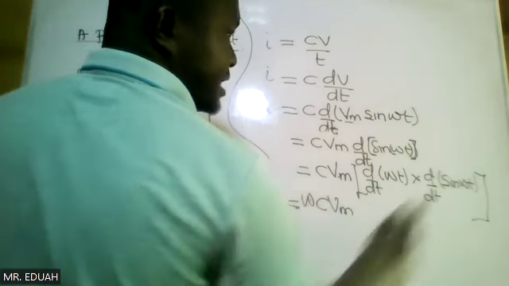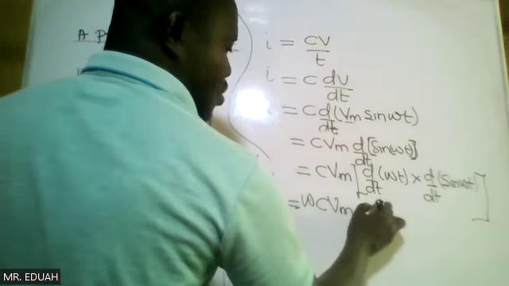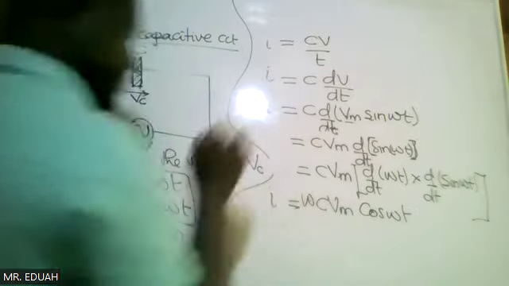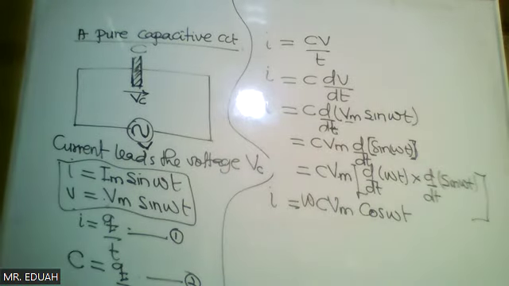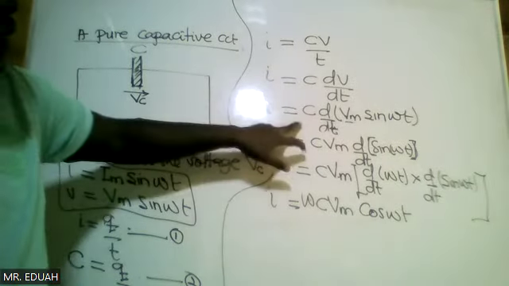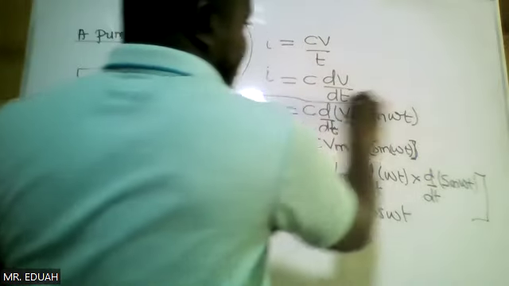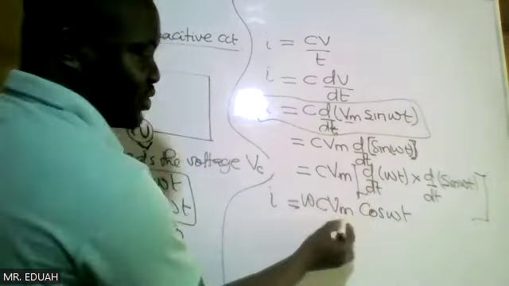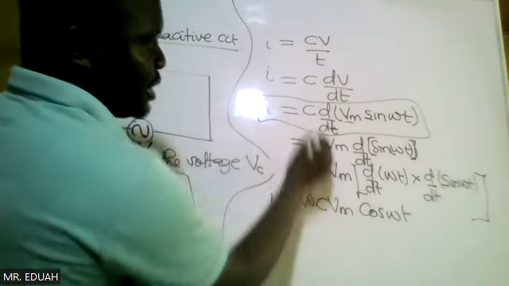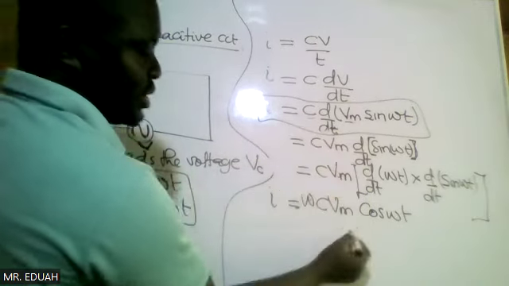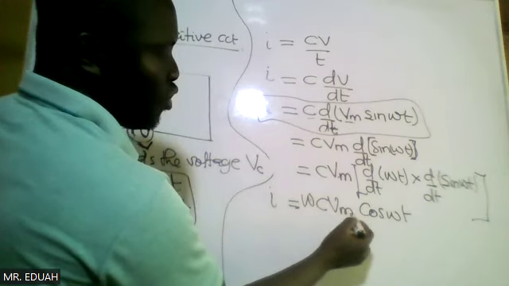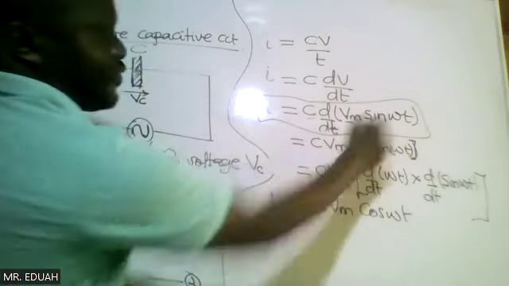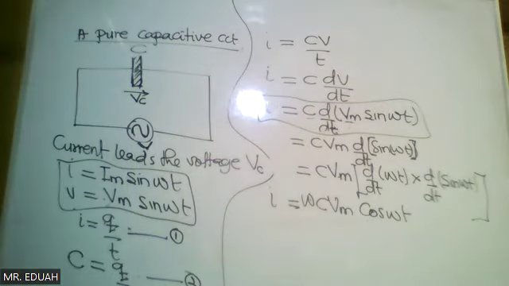Then when you differentiate sine omega t, it's equal to cos omega t. So the differential of what we have here, this is constant, this is constant, so we actually have omega cos omega t. Insha, are you okay?